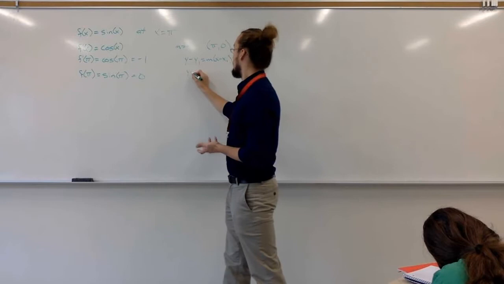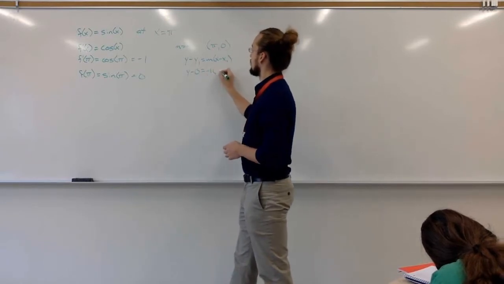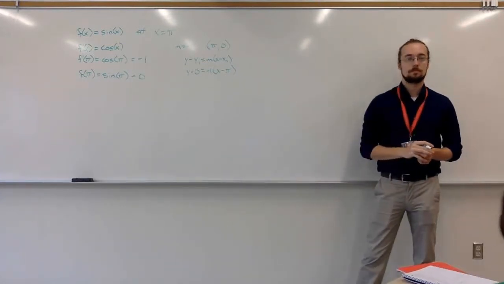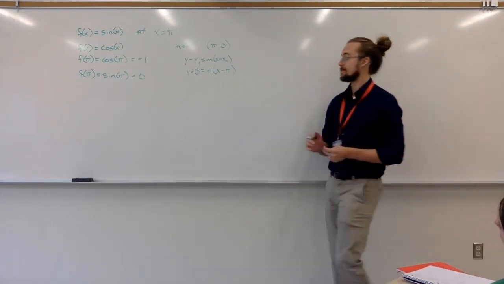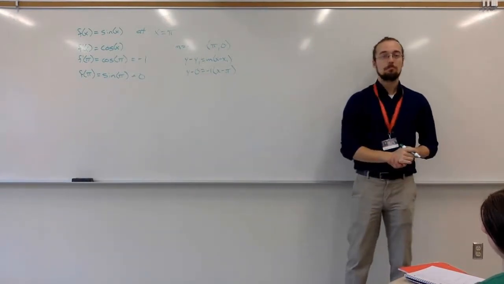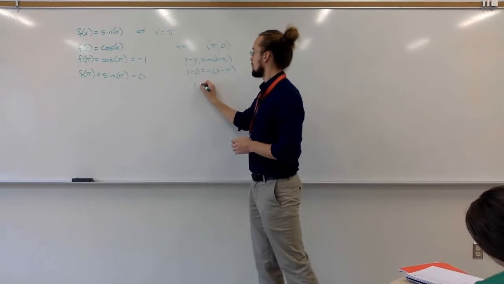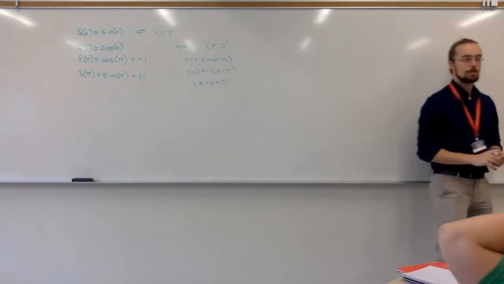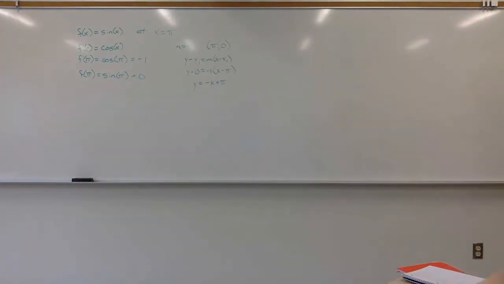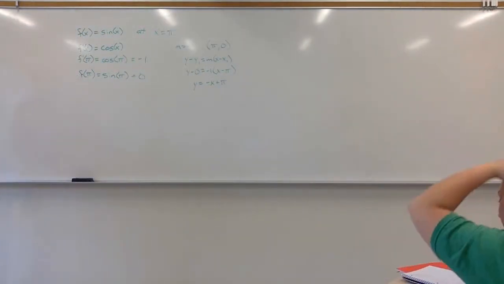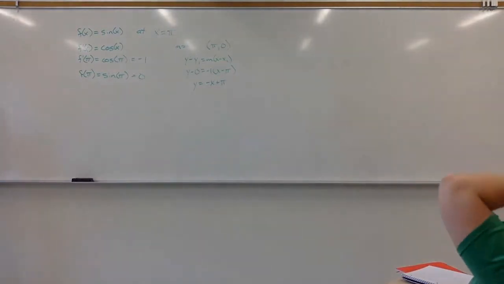So we get y minus 0 equals -1 times x minus pi. And we could stop there. But this one's pretty easy to simplify. y equals -x plus pi.